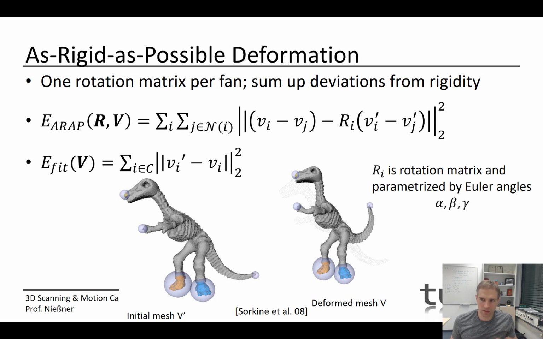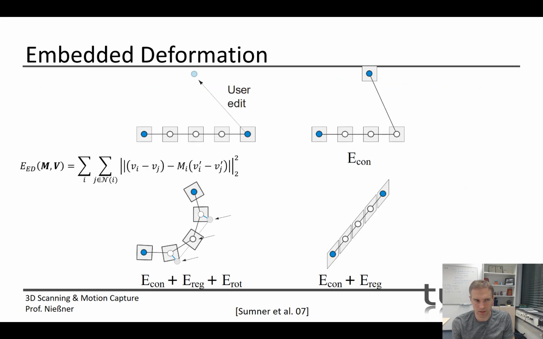We looked at a little bit different types of these regularizers. We looked at embedded deformations, which is a different one where instead of having these hard constraints for rotations, we have soft constraints for rotations.